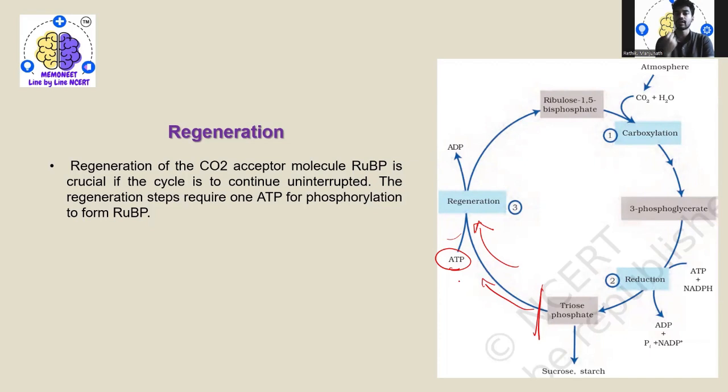For the energy, that means ATP is required for phosphorylation. Once again, the phosphorylation is needed to form the RuBP. That is this one. Okay. So the end product will be the formation of RuBP, that is ribulose 1,5-bisphosphate. So this is about the C3 cycle or the Calvin cycle.